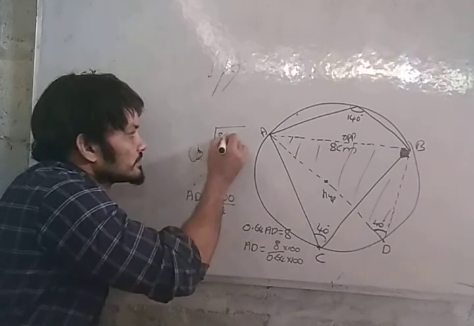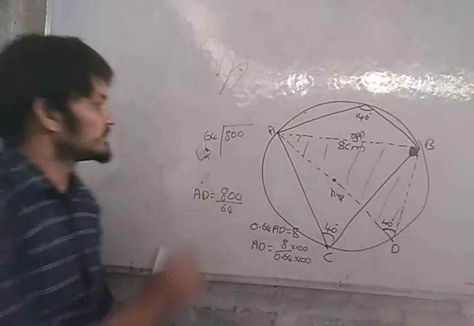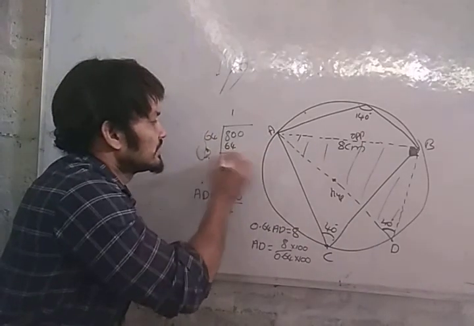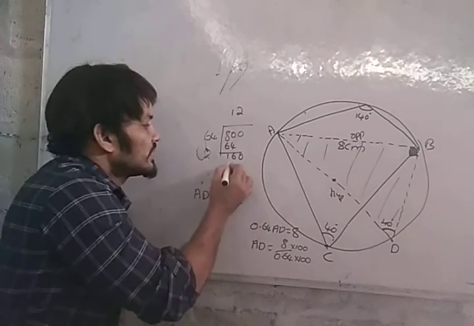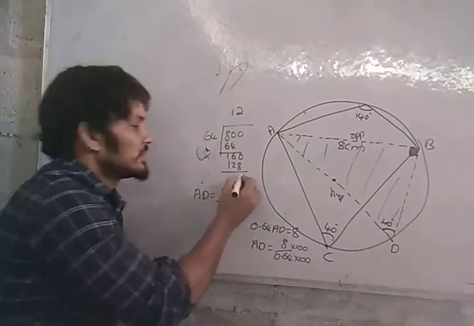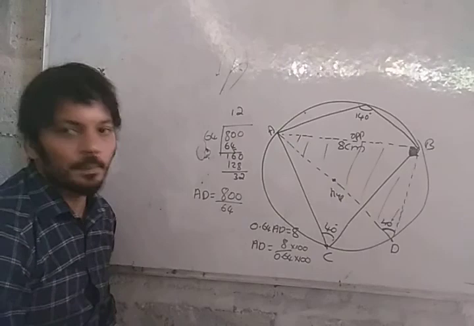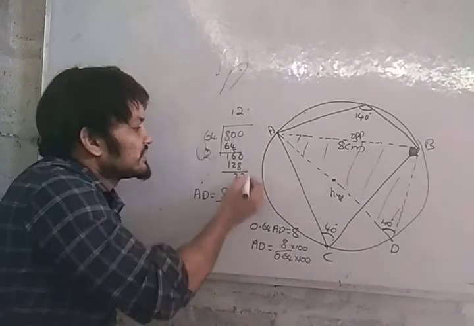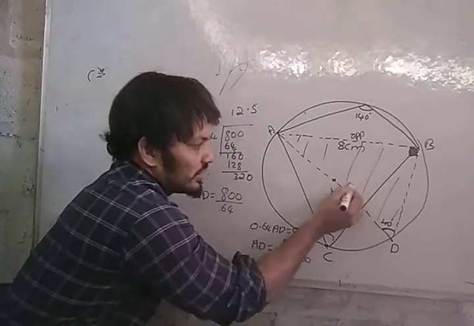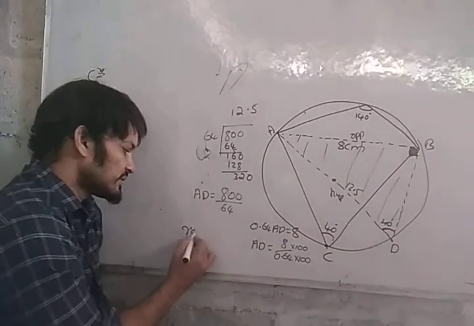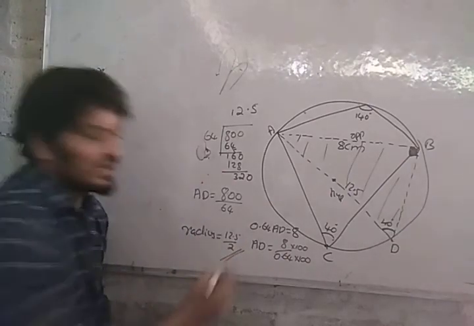Division: 64 ones are 64. 16, 2s are 128, 2s are 32, point 0, 5 are 12.5. 12.5. So the radius is equal to 12.5 by 2, half of this one.